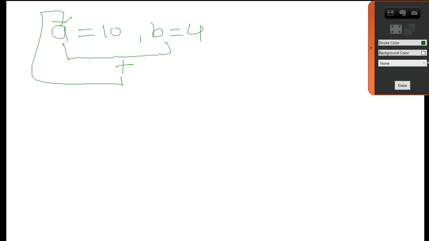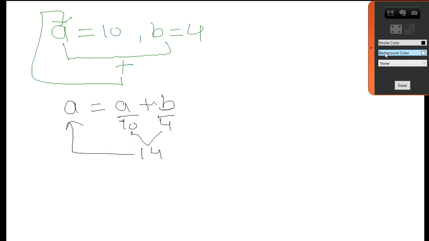How can I write the formula? That is simple. a is equal to a plus b. a is 10 and b is 4, 10 plus 4 is 14, which is assigned to a. Now the short form of this formula I can write like this: a plus is equal to b.